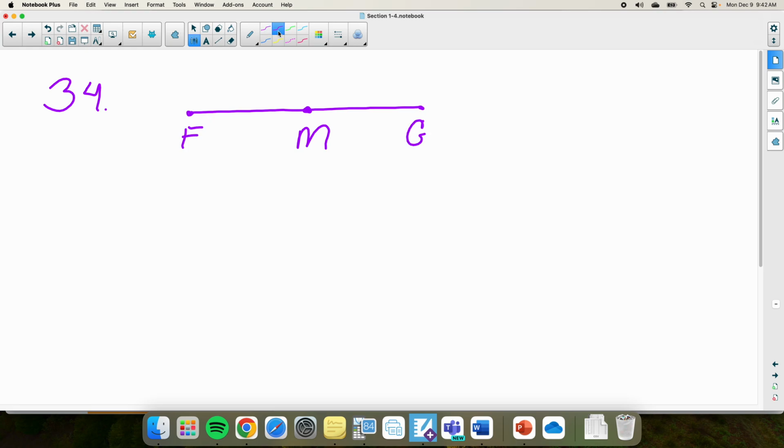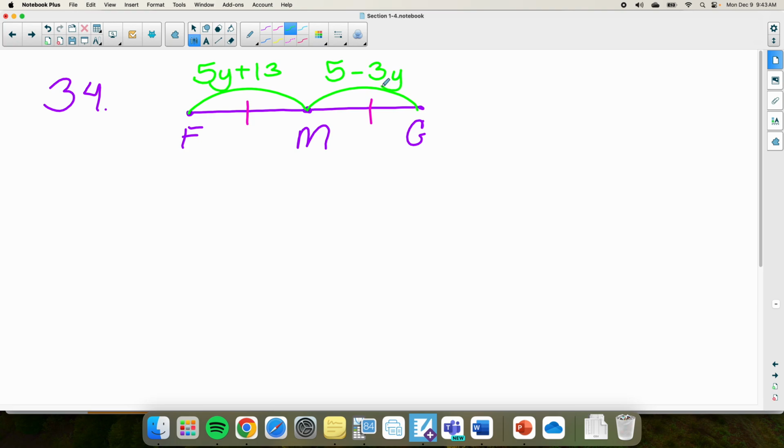So if M is the midpoint, these two pieces are equal. And they tell us that from F to M is 5y plus 13, and from M to G is 5 minus 3y.